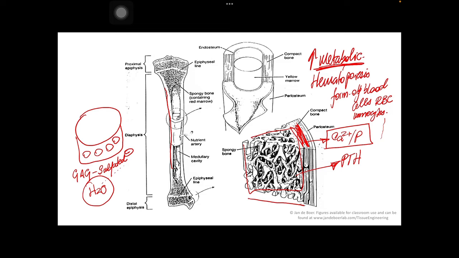The main component of compact bone is hydroxyapatite, which is a mineral. Hydroxyapatite is the inorganic part of bone. The main component of the organic part of bone is collagen type 1.